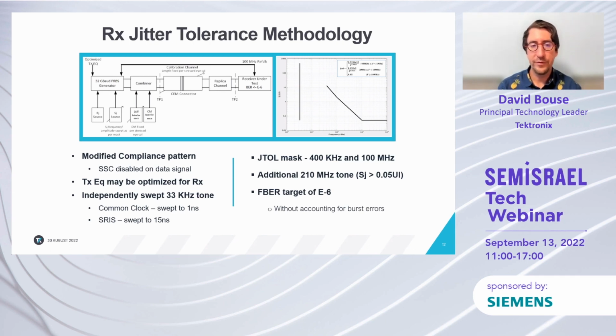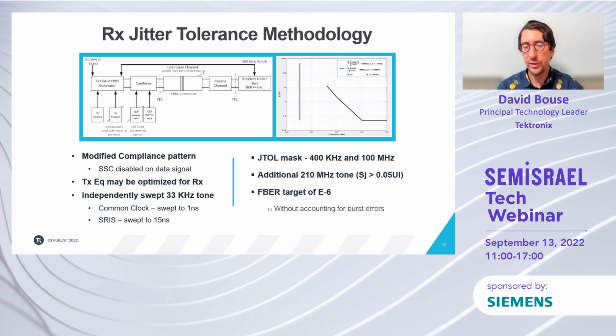And for testing, we're actually using a modified compliance pattern. One key point is we have SSC disabled on the data signal. The TX equalization can be optimized for the receiver, so you don't have to use the same setting that you use for calibration. And we independently sweep the 33 kilohertz tone to capture the tolerance of SSC.